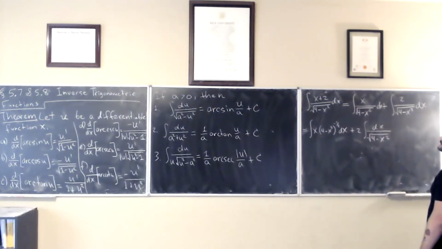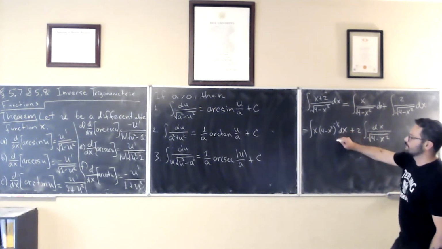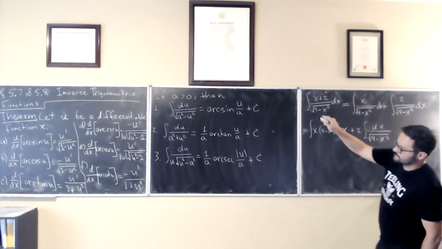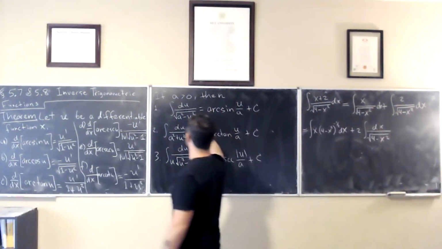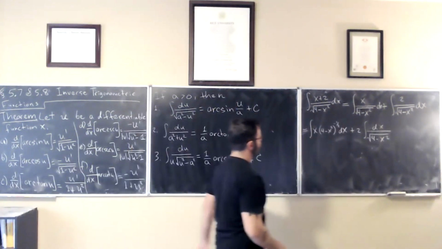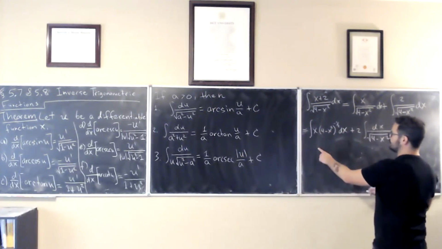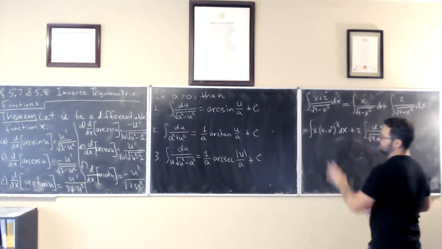In fact, we're going to just have to use normal u substitution here. And then here, we're gonna have to do arc sine. Right, so we'll wait on this one, we'll do that, and then we'll compute this on the side.